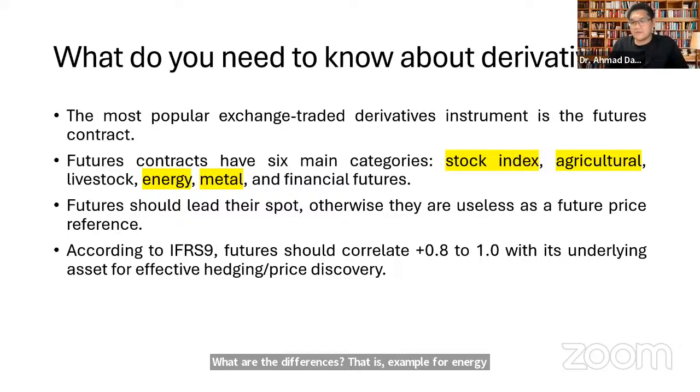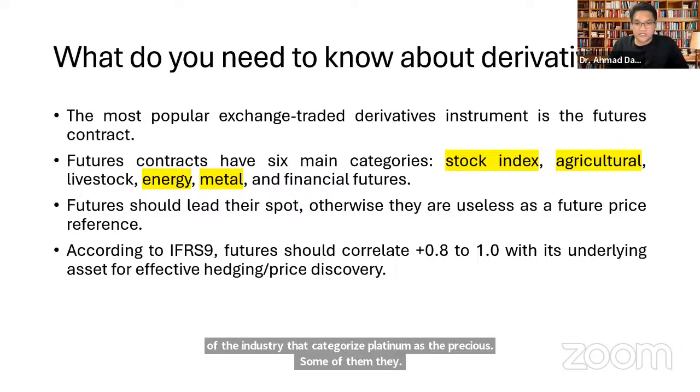Metals. There are two types of metals. We have precious metals, gold and silver. We also have non-precious metals, as in iron ore, and platinum, though I'm not really sure. Some in the industry categorize platinum as precious, some categorize it as precious or non-precious.